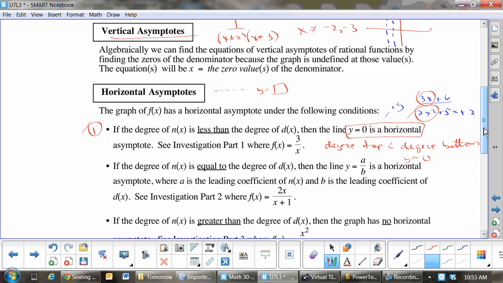So I'm not looking at the 5x of the second one, but do you see how the degree of the top is less than the degree of the bottom? Therefore, if I put infinity in for x, 3 times infinity divided by 2 times infinity squared, the bottom wins. The bottom has more division power. It'll make it equal 0. Whenever your bottom is infinity, it will equal 0. The horizontal asymptote. Okay?